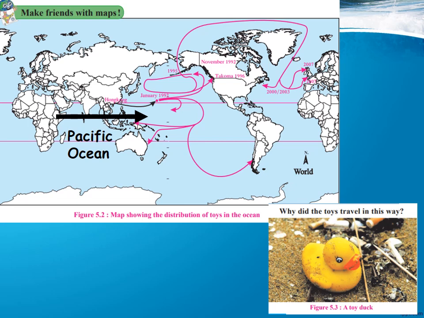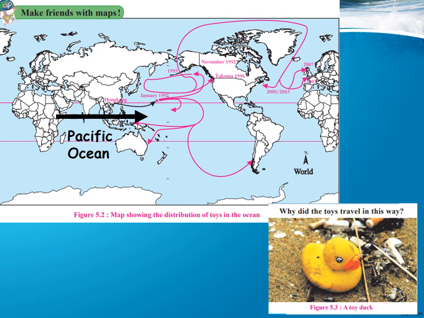Now, a strange thing happened. After around 10 months, on 16th November 1992, some of these toys reached the coast of Alaska. Some of them crossed the Bering Strait and moved up to the Arctic Ocean by the year 2000.